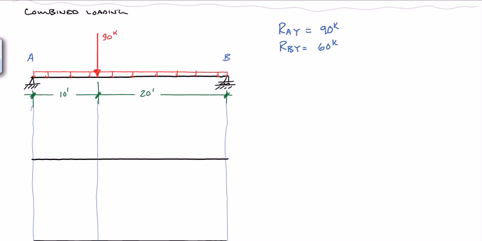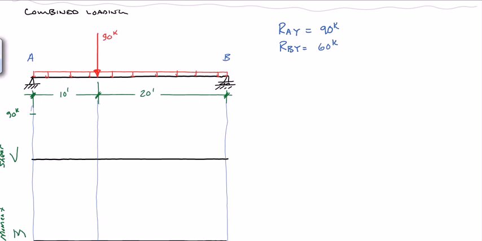So now we're going to use the same principles of the semi-graphical method to come up with our shear and moment diagrams. Let's start out with shear. If our reaction on the left side is 90, we're going to go up to 90 kips. We use V for shear and M for moment.